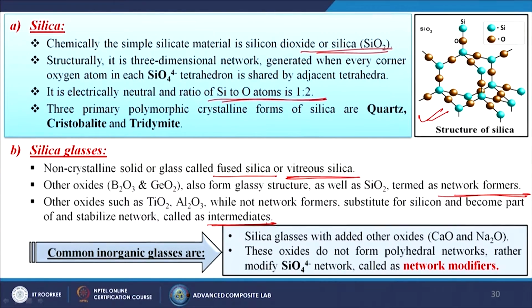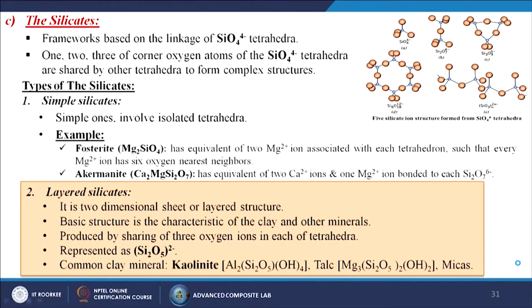Common inorganic glasses are silica glasses with other oxides added, like calcium oxide CaO or sodium oxide Na2O. These oxides do not form a polyhedral network, rather they modify the SiO4 4- network, and are called network modifiers.